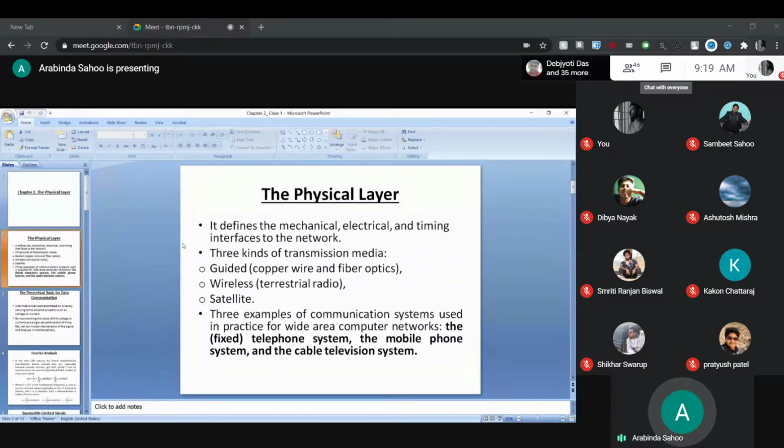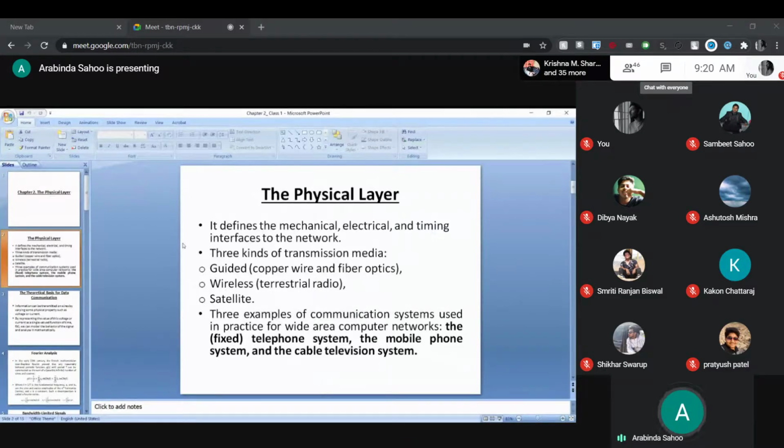Next we'll cover three examples of communication systems. Number one is the fixed telephone system. Number two, we'll discuss the mobile phone system. Then we will discuss the cable television system. So in this chapter, first we will discuss the theoretical analysis of signal transmission through any transmission media.